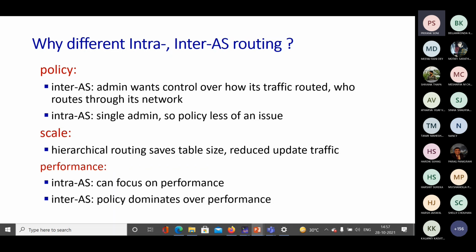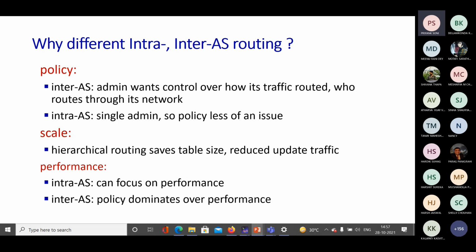So scalability is one issue for why we have different intra- and inter-AS routing, and of course the performance. Okay, so in intra-AS routing, one can focus on how the protocol is actually performing. So one can focus on the performance.